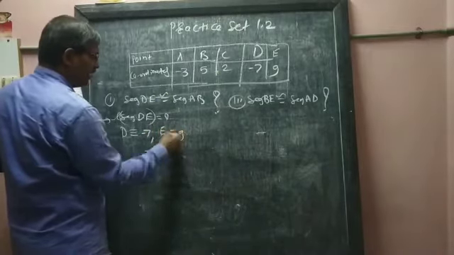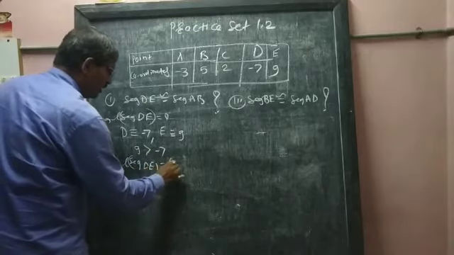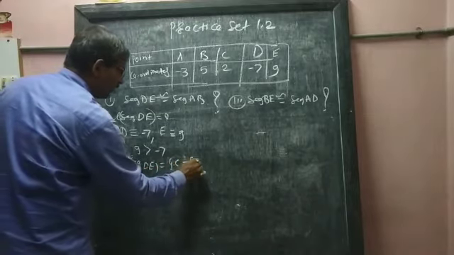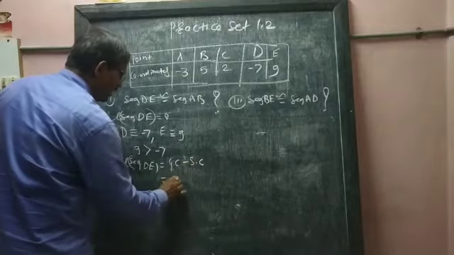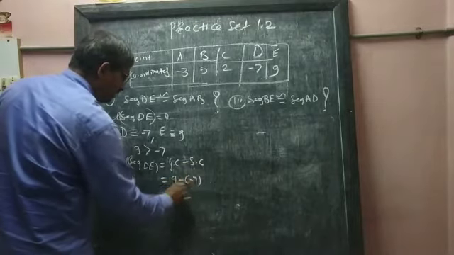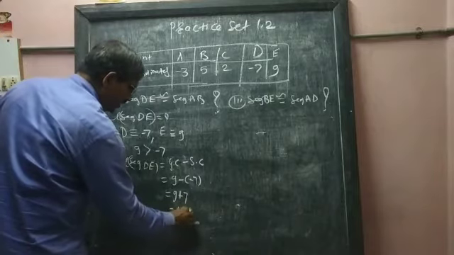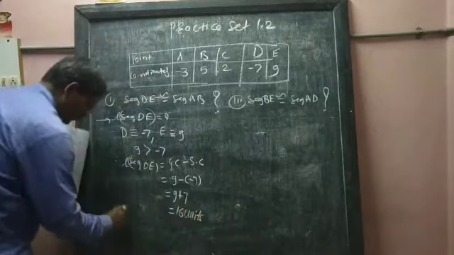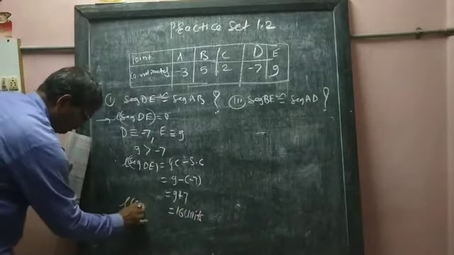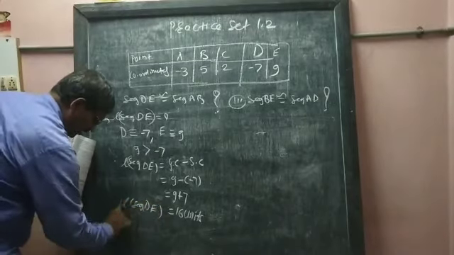Therefore, length of seg DE is equal to greater coordinate minus smaller coordinate, means 9 minus (-7), 9 plus 7 is equal to 16 units. This is seg DE.